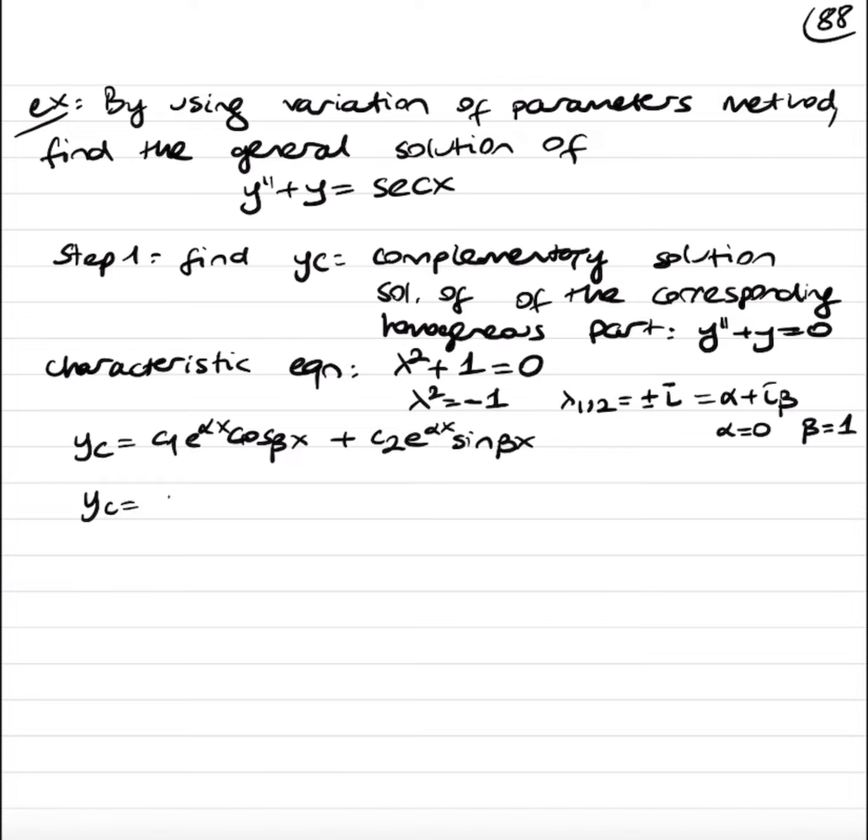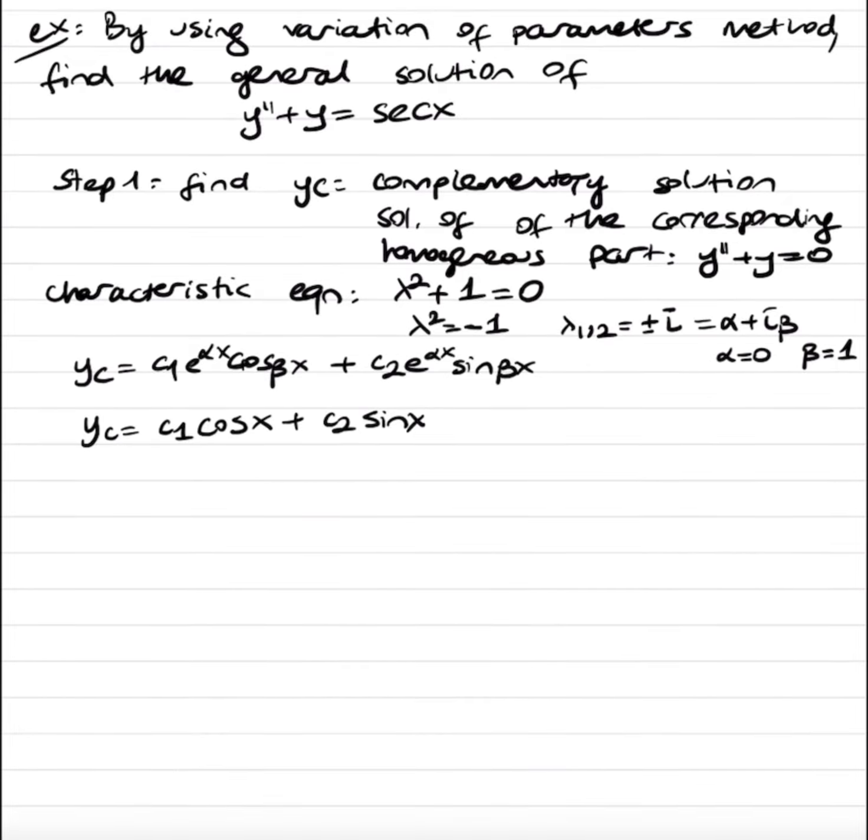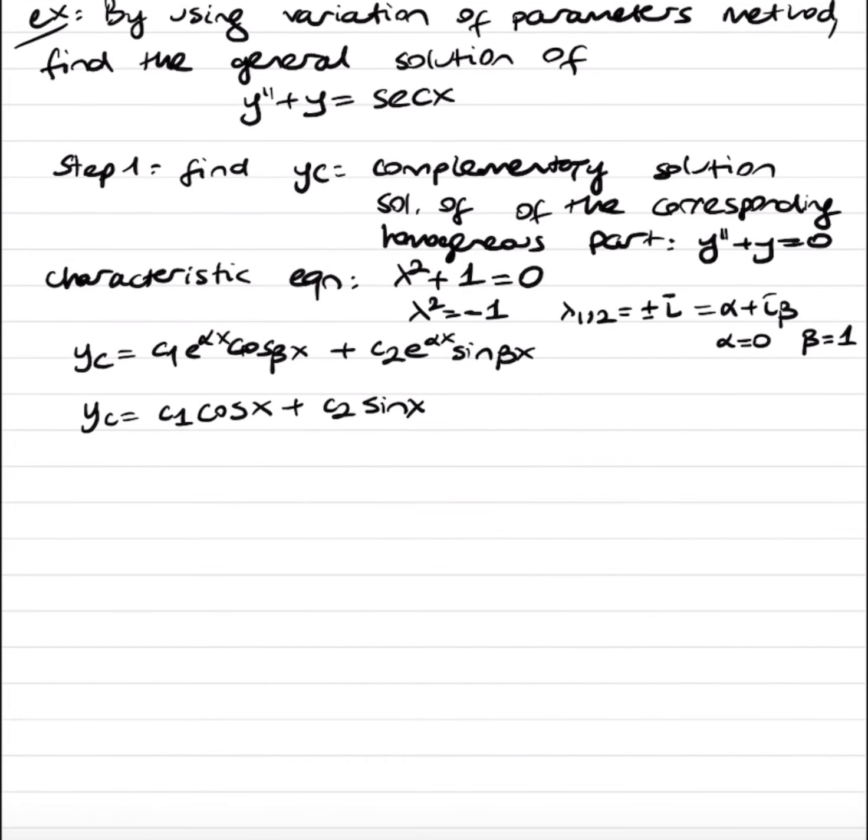So then what is y complementary? Since alpha is equal to 0, e to the power alpha x is equal to e to the power 0, which is 1. So we have c1 cosine x plus c2 sine x. So this is our complementary solution. Then in step 2, we assume that y particular is of this form, u times cosine x plus v times sine x.